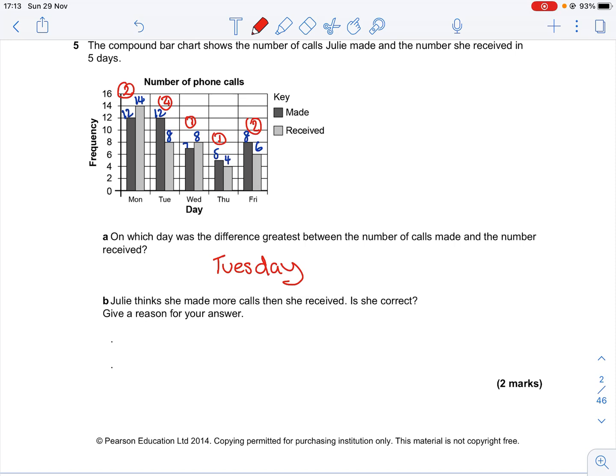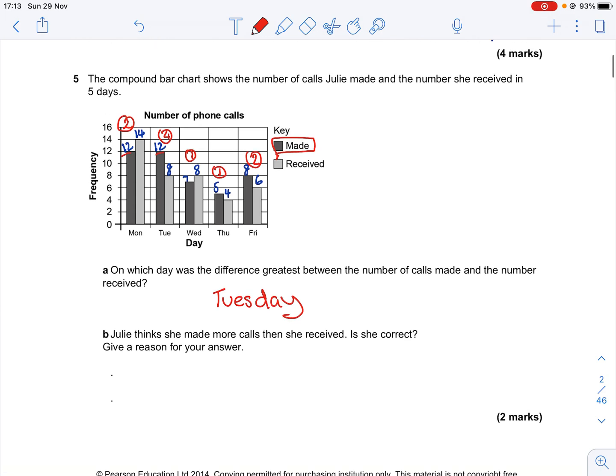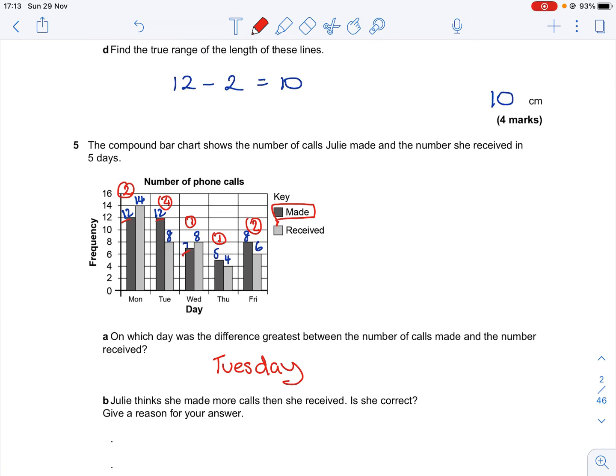Julia thinks she made more calls than she received. Is she correct? We need to work out how many calls she made in total. We add all the calls she made, which is 12, 12, 7, 5, 8.